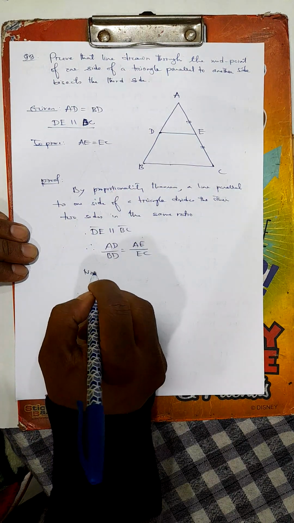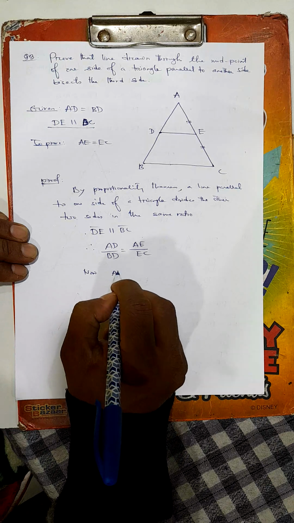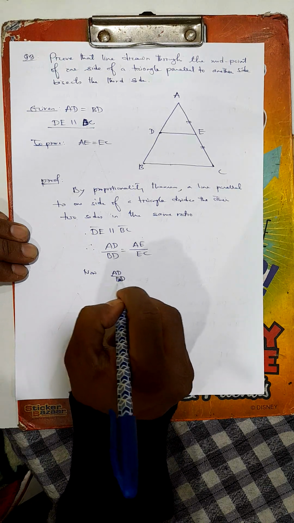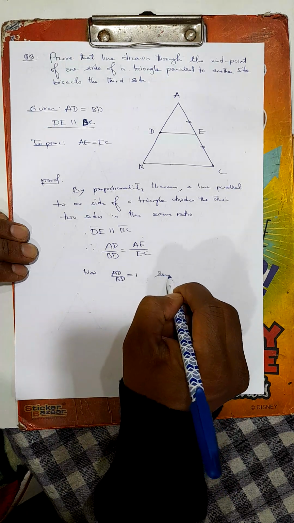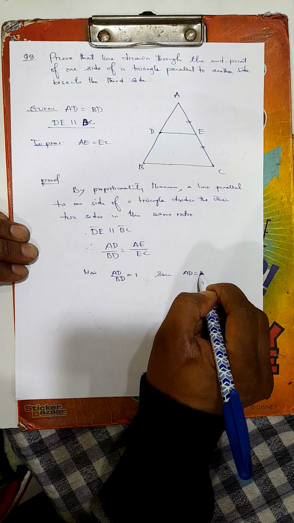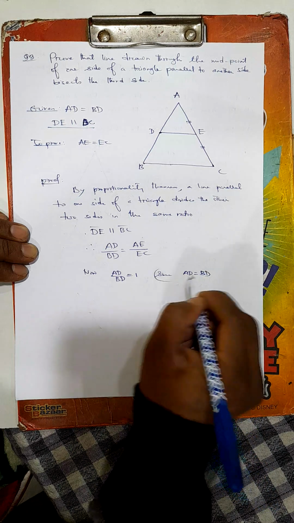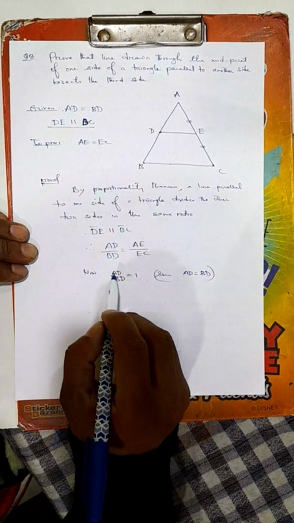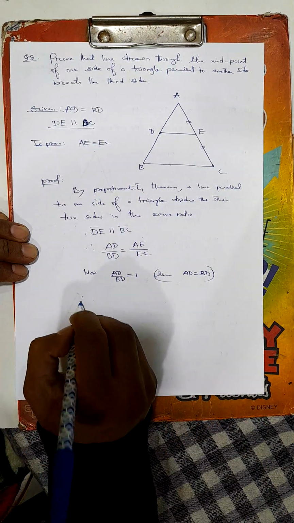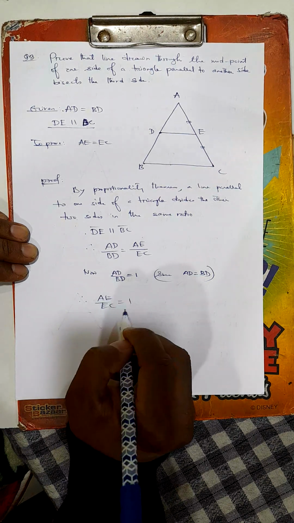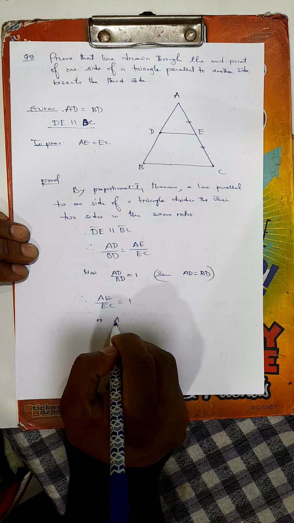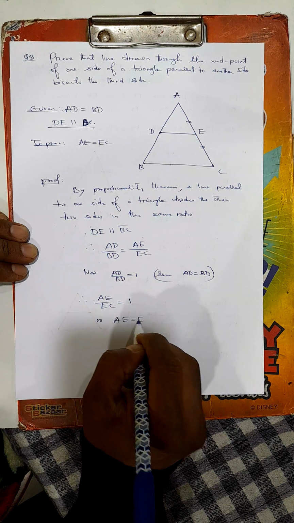Now you are given that AD equals BD, therefore AD by BD equals 1. Therefore AE by EC equals 1, or AE equals EC.